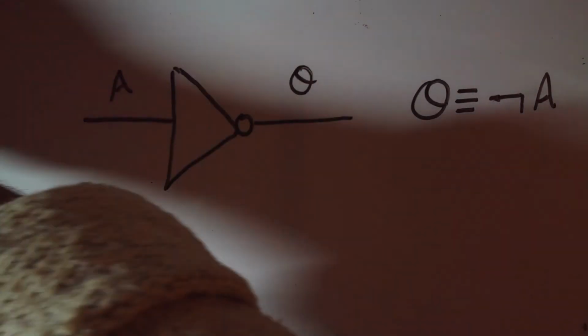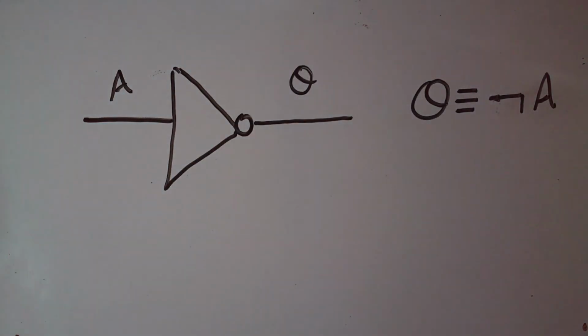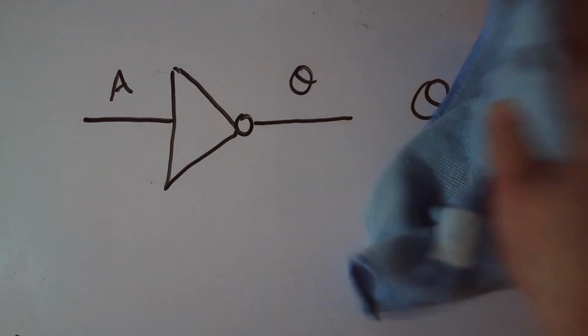Let's look at the way that we express the logic for an AND gate. So let's rub this out. I'm going to summarize these towards the end of this part of the video. So we're going to draw an AND gate.